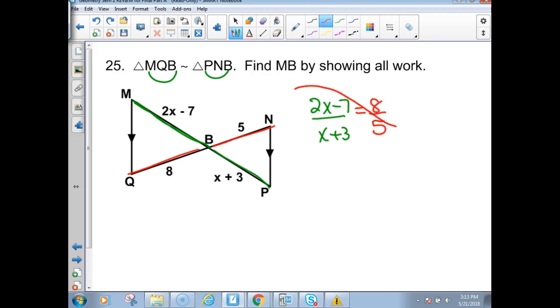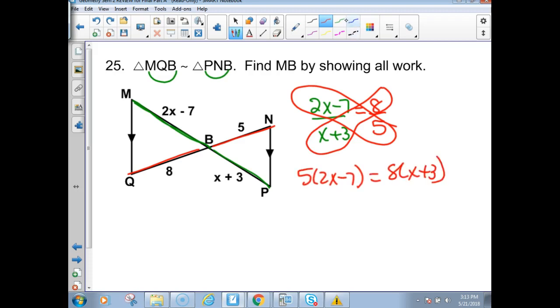Okay, we got to do cross products. 5 times my 2x minus 7 is equal to 8 times my x plus 3. You could go ahead and distribute as you did that. That's 10x minus 35 equals 8x plus 24.